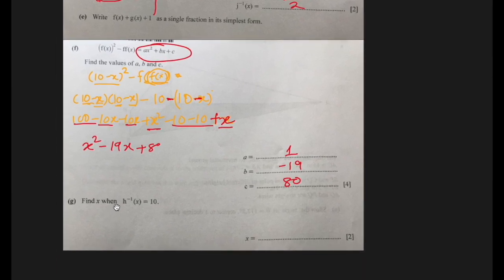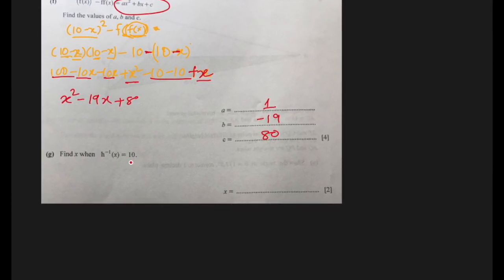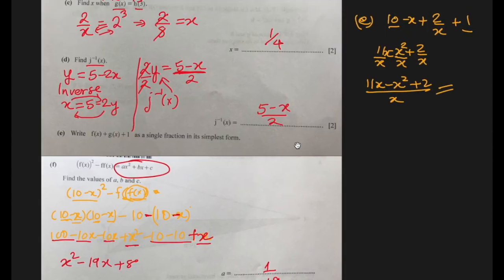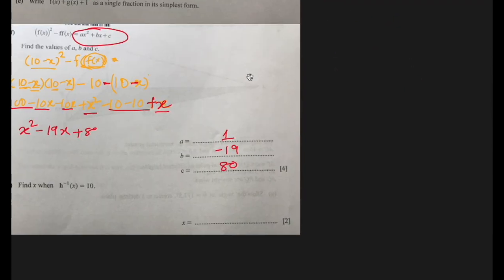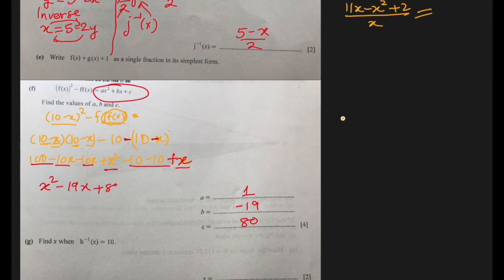Part (g): find x when h inverse of x is 10. So we have to find the inverse of h as well, which was 2 to the power x. That means h(x) equals 2 to the power x. To find the inverse, just like we did in this part, write y equal to 2 to the power x, then change the places, x equal to 2 to the power y, and now make y the subject.